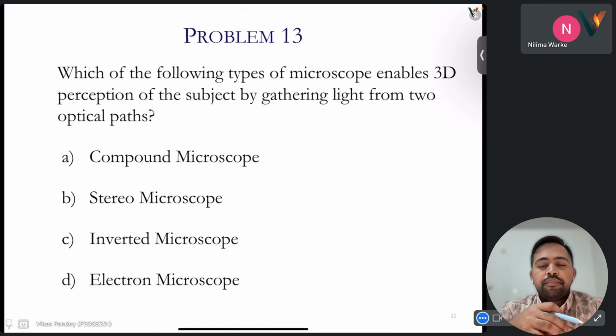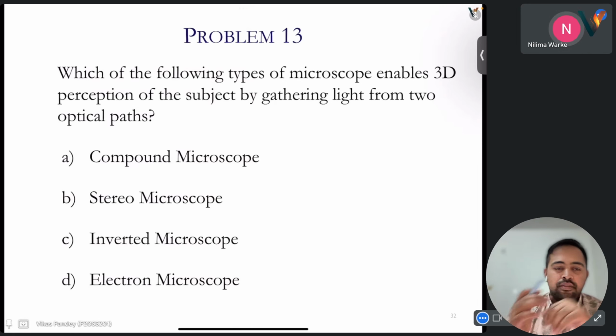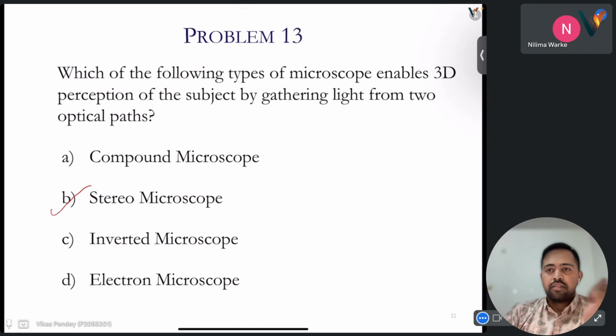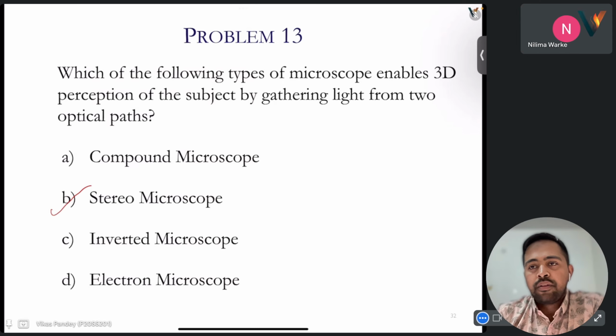It would be the stereo microscope, sir. It is what I guessed, because I just recalled it.